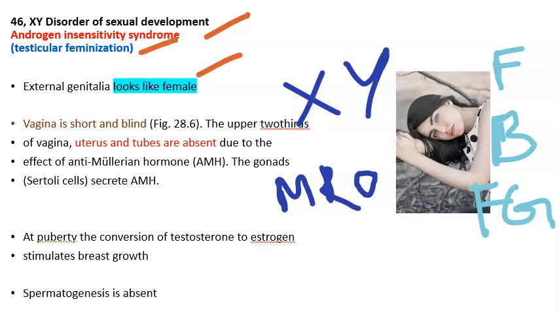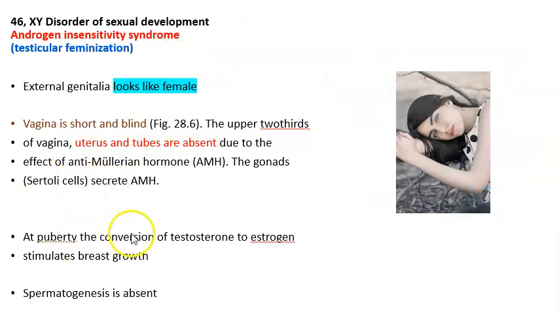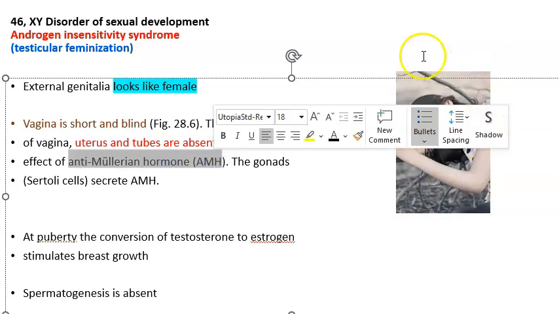This person looks like female. Okay, so this person will have a vagina which is short and blind, but they will not have uterus or tubes. Why? Because they don't have female reproductive organs. They have male reproductive organs inside actually. Okay. Why all this happens is because of less anti-Mullerian hormone.